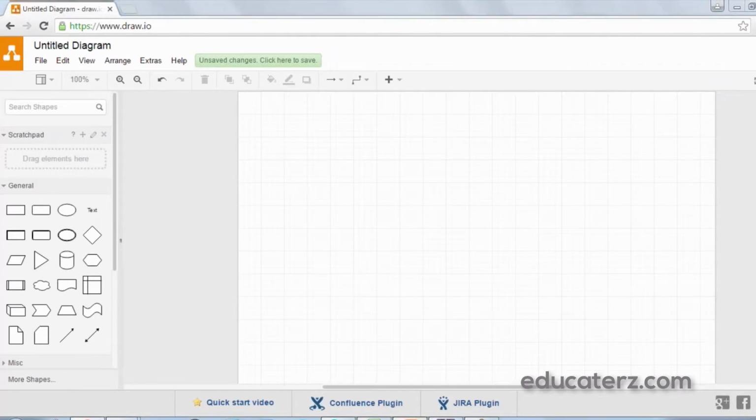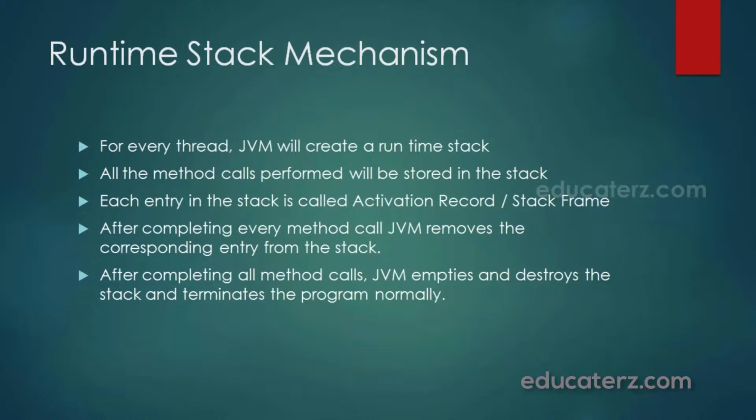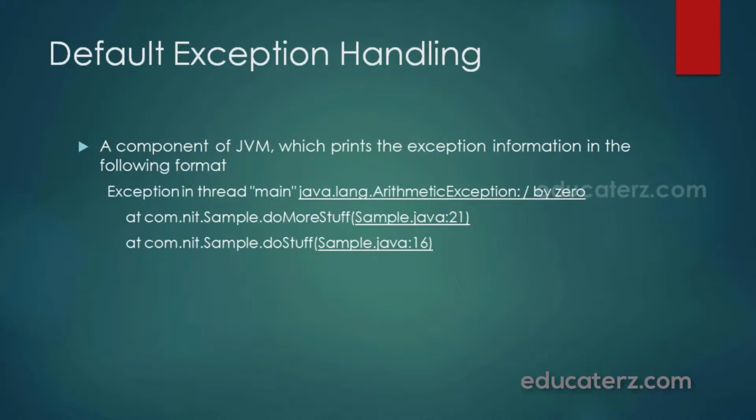So what is the default exception handling mechanism? The default exception handler is a component of the JVM which prints the exception information in the following format: the name of the exception, followed by the description of the exception, and then the location of the exception.